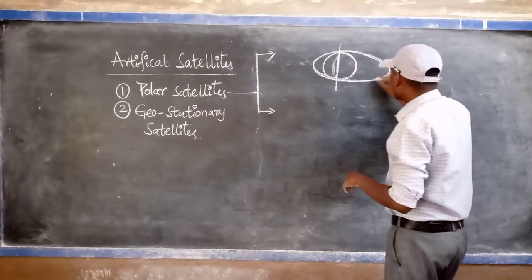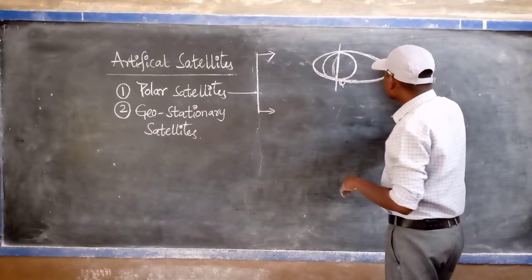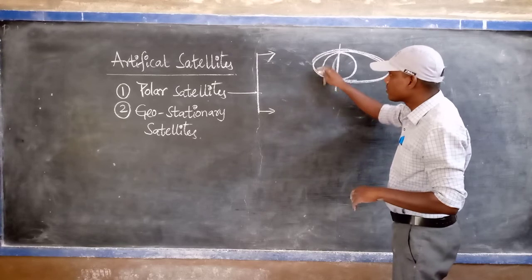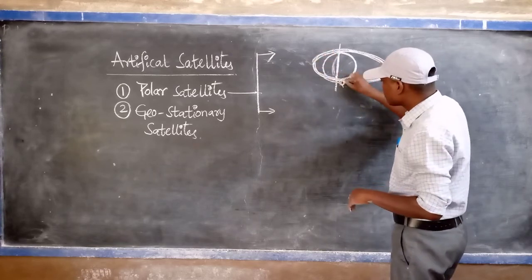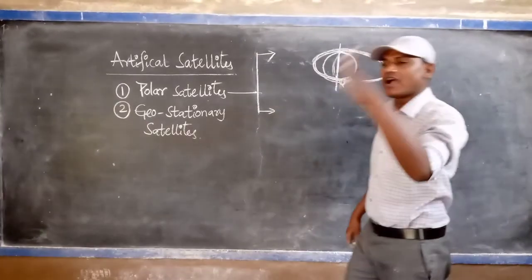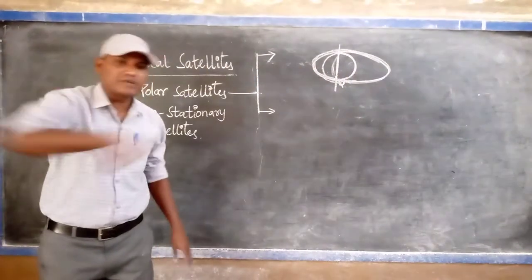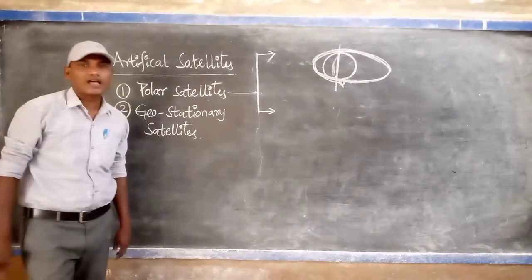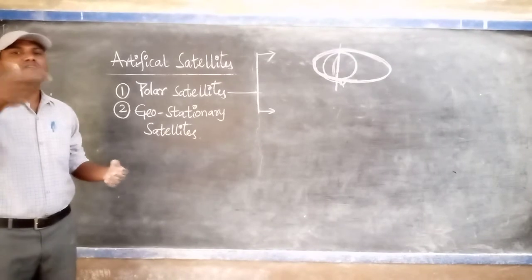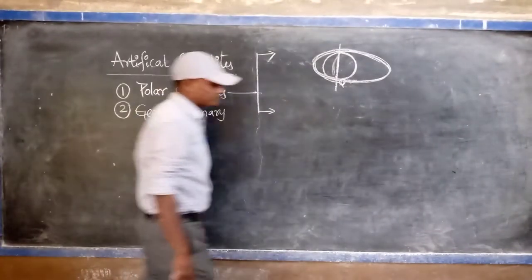It revolves around the Earth in a particular orbit perpendicular to the equatorial line and comes again to the same initial position. For this it takes only 100 minutes. That's why, in a day, the number of times it covers the Earth is large.